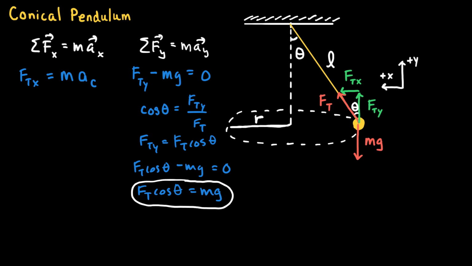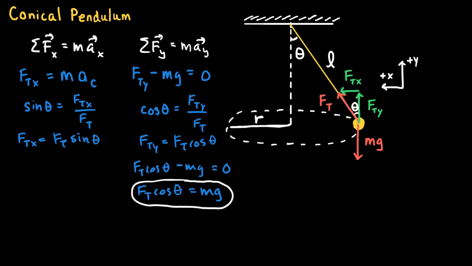Just like we did for the vertical direction, I'd like to now replace Ftx in terms of variables like Ft and theta. And so the sine of theta for that force vector triangle happens to be equal to Ftx, the opposite side, over Ft, the hypotenuse. And so Ftx is given by Ft sine theta.